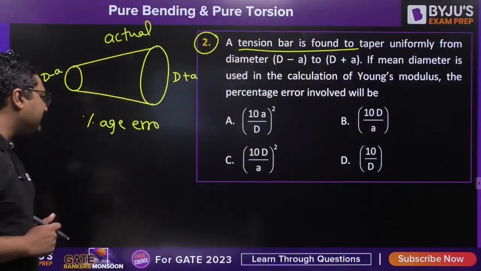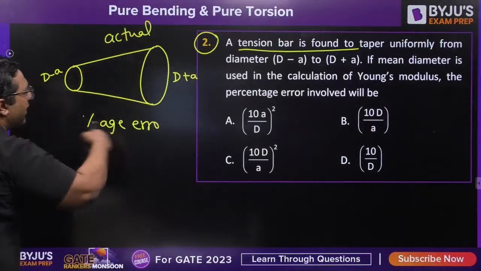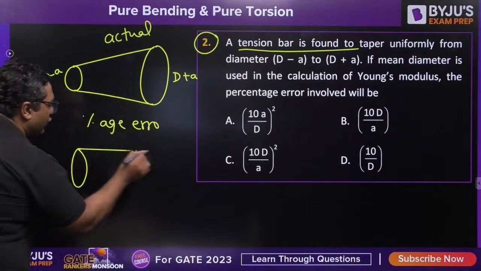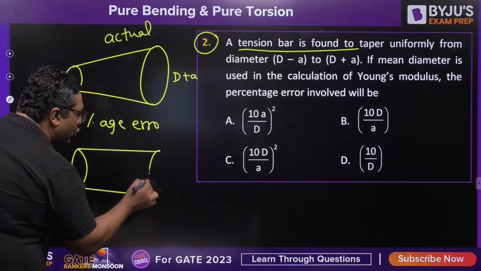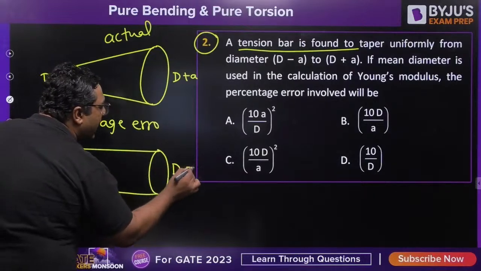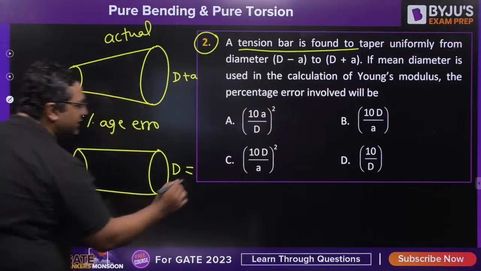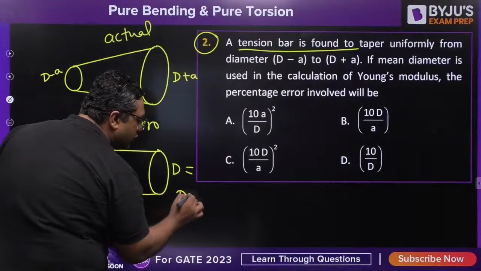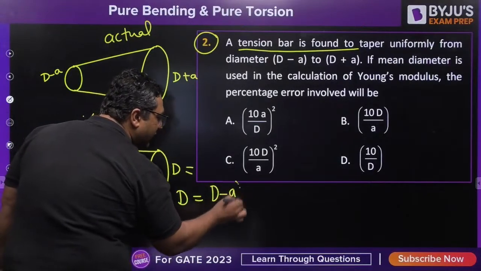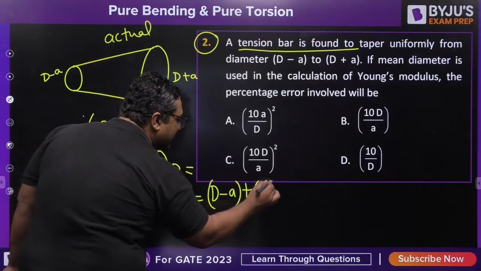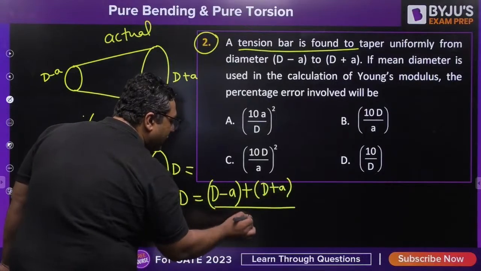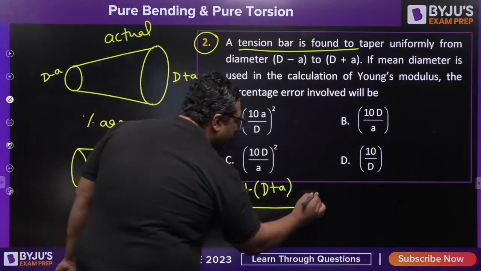It means that actually it is a taper bar, but they are considering it to be a prismatic bar whose diameter is equal to the average of these two diameters. It is going to be D minus A plus D plus A divided by 2. So the answer is going to be D.